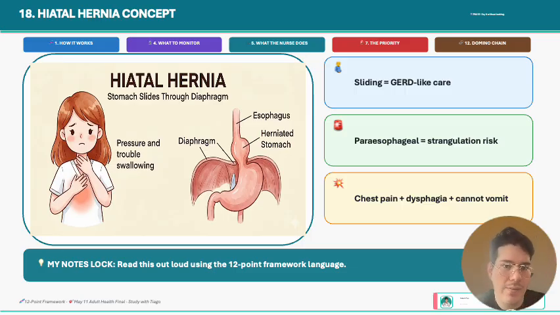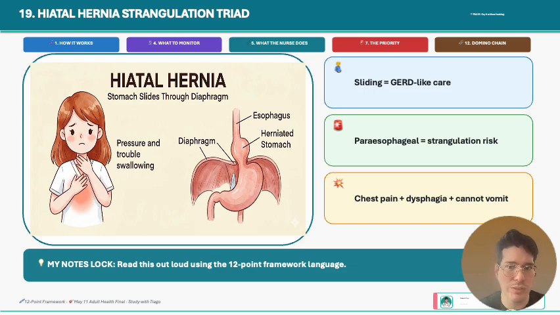And the paraesophageal danger is the stomach getting stuck upstairs with the blood supply threatened, okay? The emergency version of hiatal hernia is a strangulation or volvulus type presentation, okay? So the concern is that the stomach can twist or become trapped, cutting off blood flow.